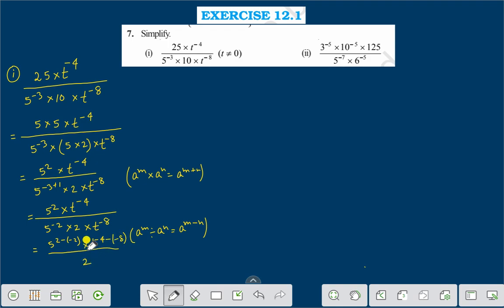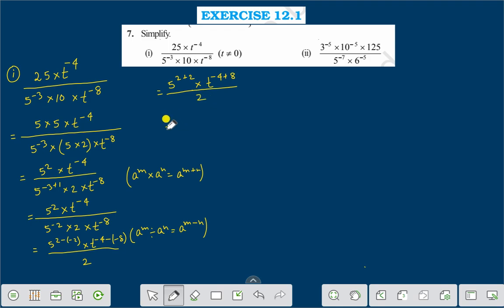2, right? Therefore, we are getting 5 to the power 2 minus into minus is plus 2, into t to the power minus 4, minus into minus is plus 8, divided by 2.